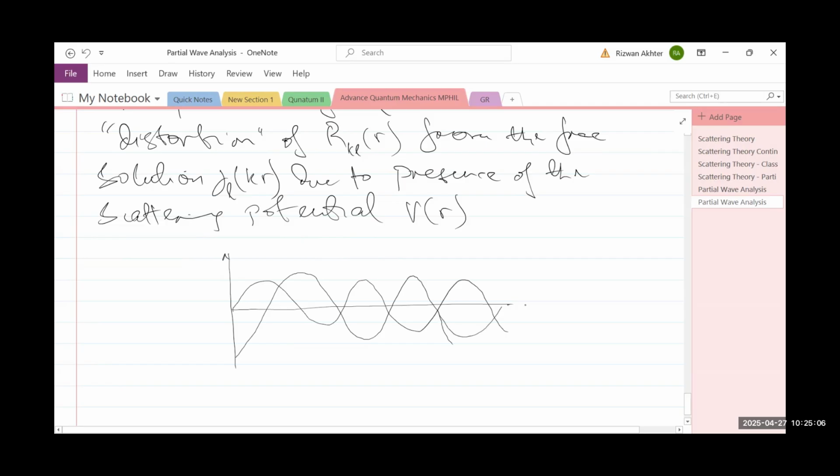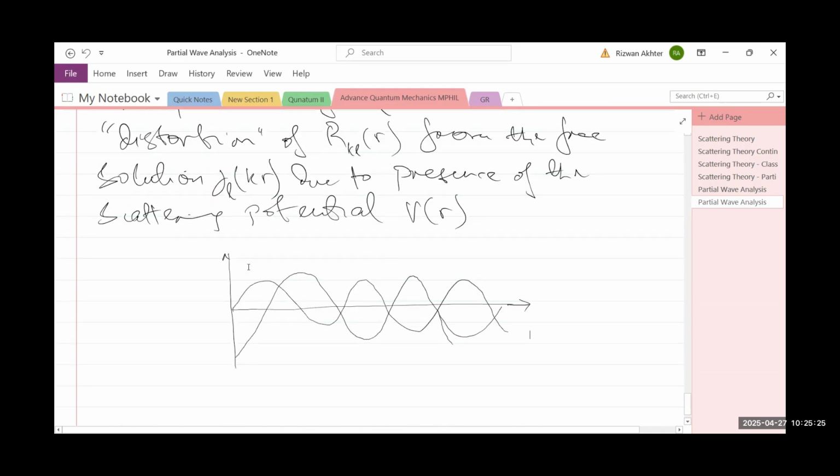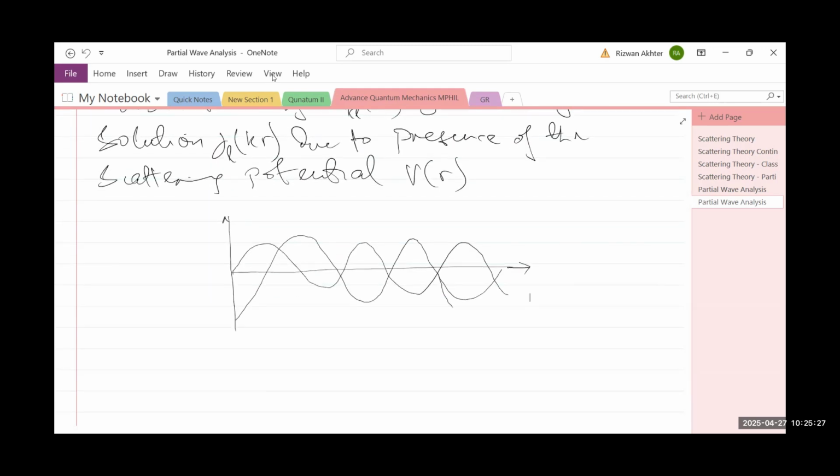So in fact we could think about this जो हमने ऊपर बात की ना, that in a sense, the scattered waves are just delayed or advanced compared to the incident wave in the absence of a scattering potential. Yeah. So this is something which is a physical or intuitive interpretation of what's going on in some scattering process. Yeah. And so one could write this in this manner as well.